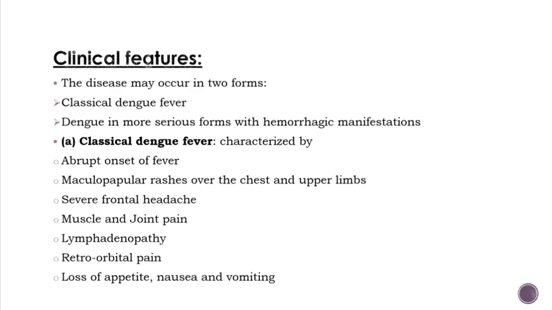Classical dengue fever, all of you know the general symptoms of dengue infection, which include abrupt onset of fever, maculopapular rashes over the chest and upper limbs, frontal headache, muscle pain, joint pain, lymphadenopathy, retroorbital pain, loss of appetite, and there may be nausea, vomiting, etc. These are the general symptoms of classical dengue fever.